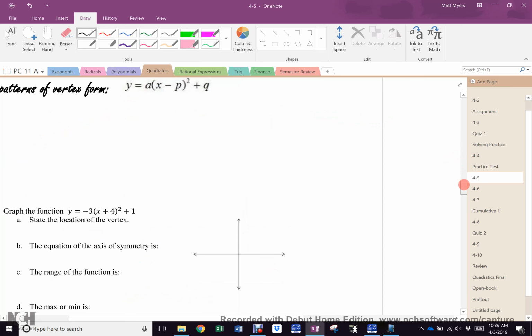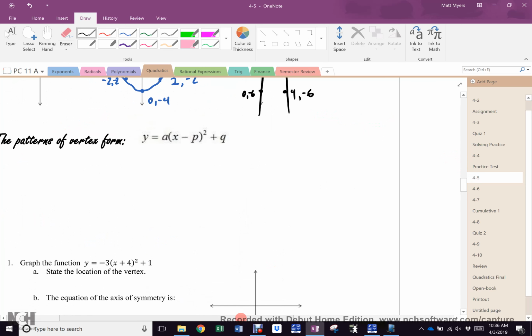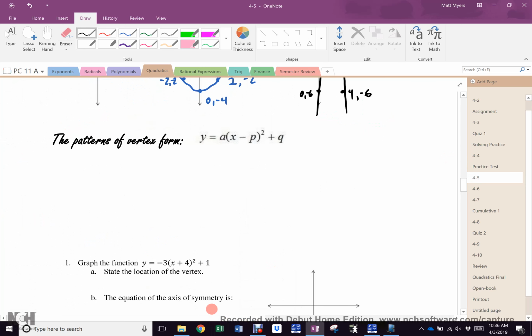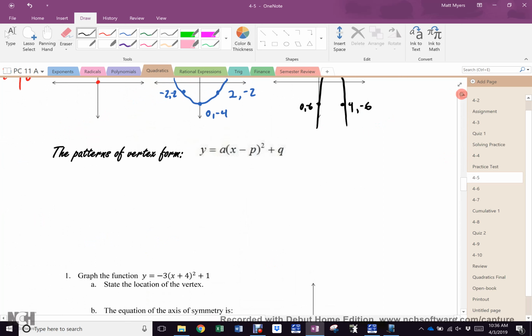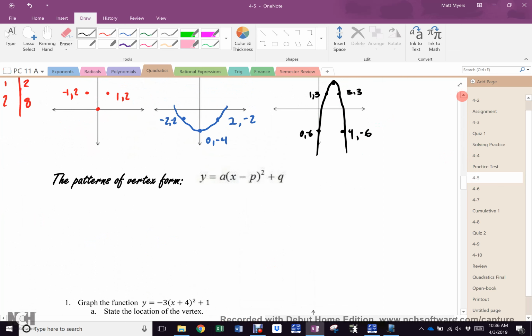Now, because I love you as if you were my own, we will put all of the rules in one handy-dandy little space. I'll use a different color for each one. A: the y values multiply by a.